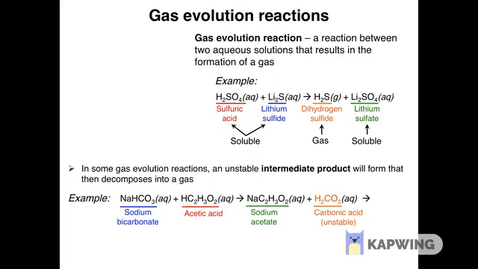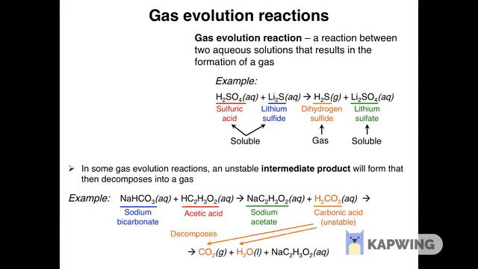C2H3O2-. The second product of this reaction is carbonic acid, H2CO3, that is formed by combining the cation from the second reactant, H+, with the anion from the first reactant, HCO3-. However, it turns out that this carbonic acid is unstable.